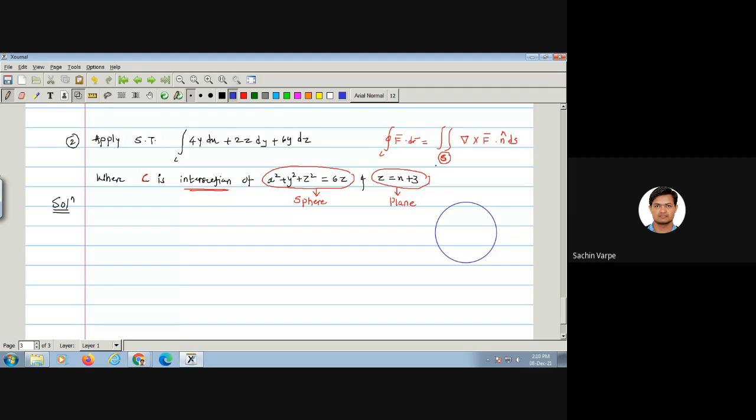And this is a plane cutting the sphere, right? This is actually a plane. Clear? So the intersection of sphere and plane will be a circle.